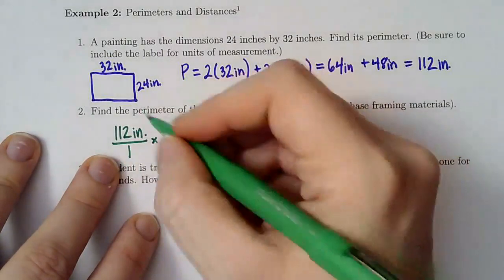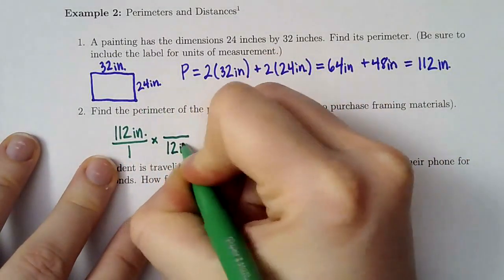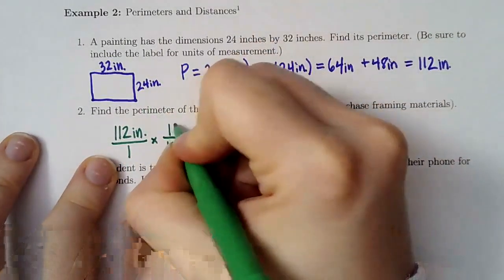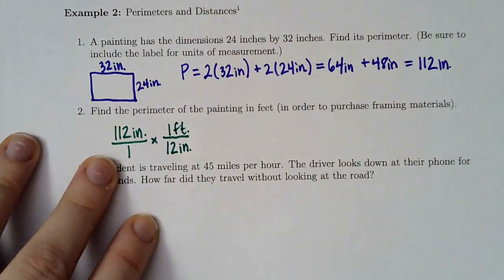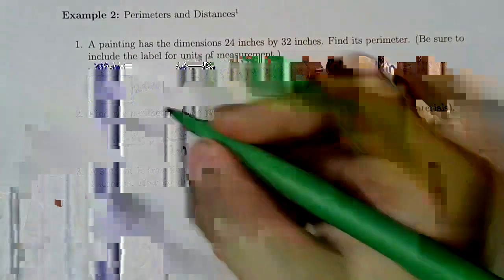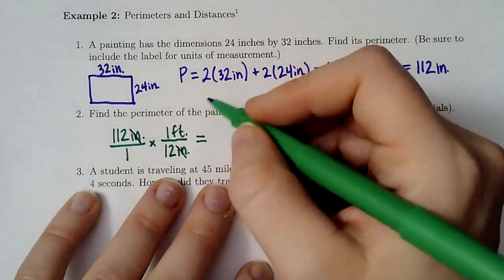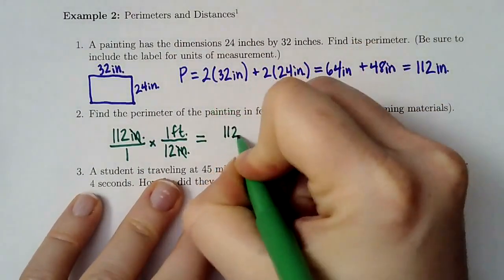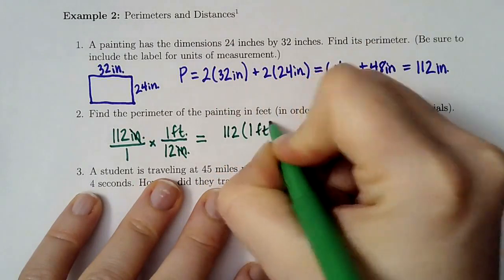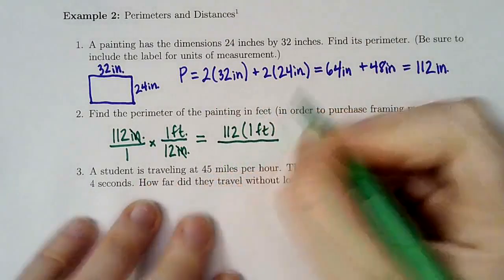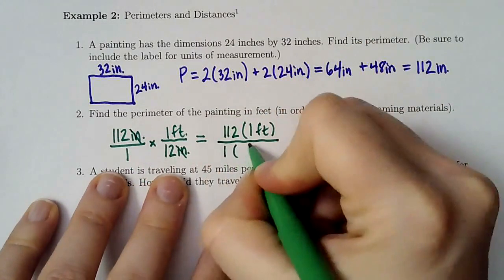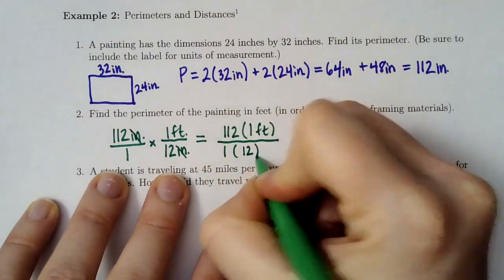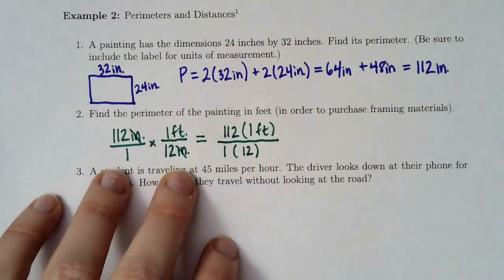So 12 inches for 1 foot. Then the next step: 112 times 1 foot in the numerator, and I have 1 times 12 in the denominator, no units.